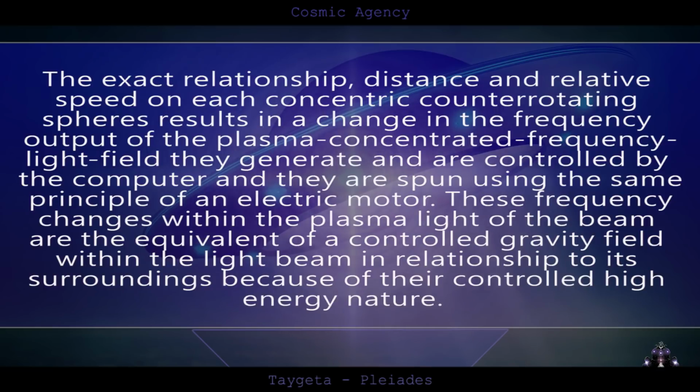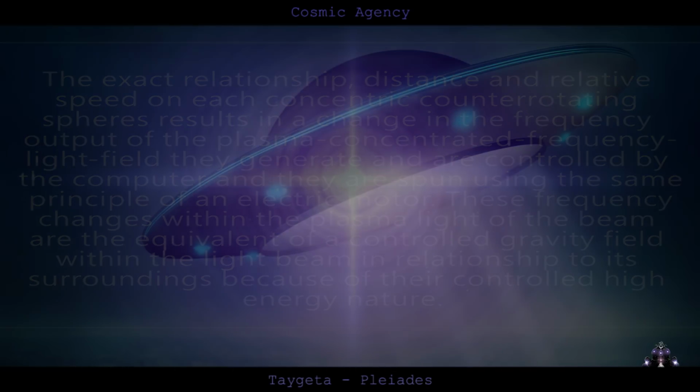These frequency changes within the plasma light of the beam are the equivalent of a controlled gravity field within the light beam in relationship to its surroundings, because of their controlled high-energy nature.